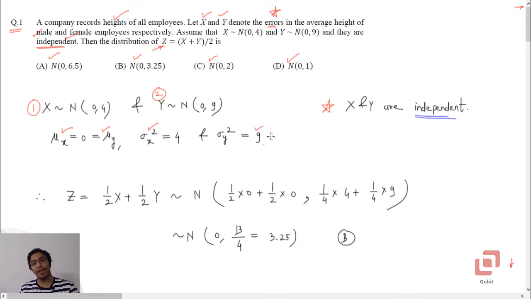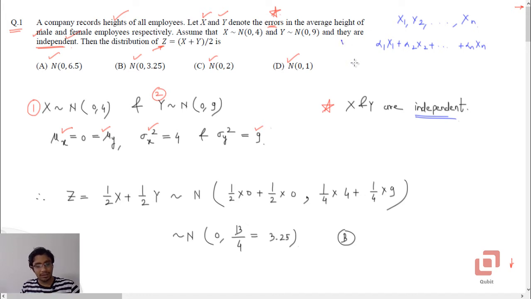And we do have a ready-made formula for finding the mean and the variance of a linear combination of independent normal distributions. Specifically, suppose we have n such independent normally distributed random variables, then if we are considering a linear combination of them, where alphas are all scalars, then this is a new random variable.